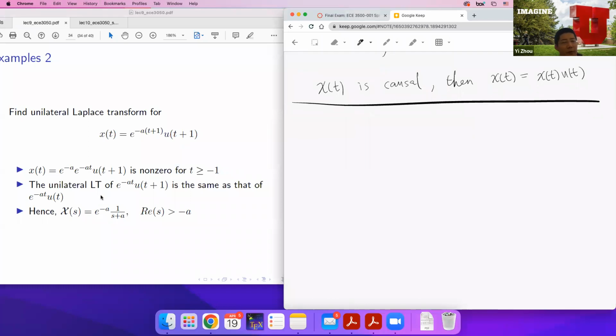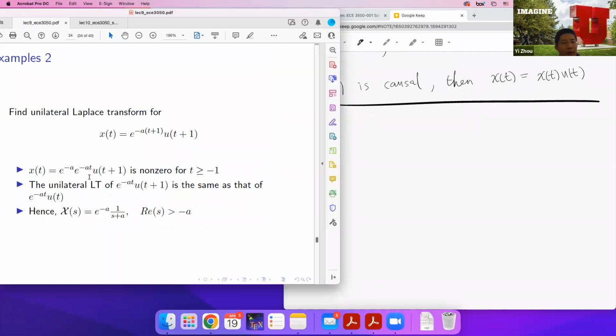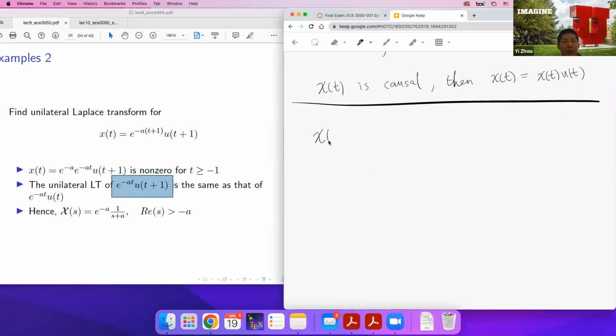And the key observation here is that looking at this part, so let me write it here. Right. So this is the part that involves time t, right? e to the power of -at times u(t+1).